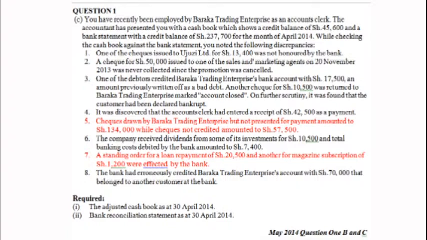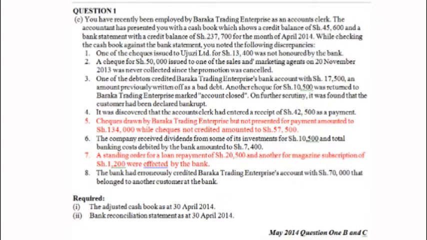The company received dividends from some of its investment for 10,500 shillings and total banking costs debited by the bank amounted to 7,400 shillings. Another discrepancy, that is number 7, a standing order for a loan repayment of 20,500 shillings and another for magazine subscription for 1,200 shillings were effected by the bank.